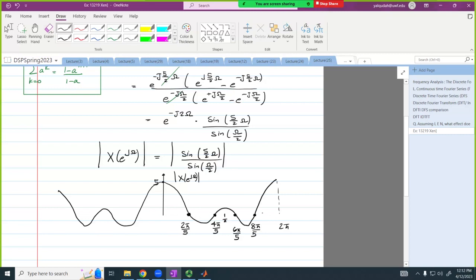Quick question. Ask me. For the equations that you have, you cancel out the e terms in the fraction. Wouldn't the remaining number be a 5, not a 2? No, because this is e to the negative j 2.5 omega divided by e to the negative j 0.5 omega. I did not cancel, I subtracted them from each other. 2.5 minus 0.5 is negative 2.